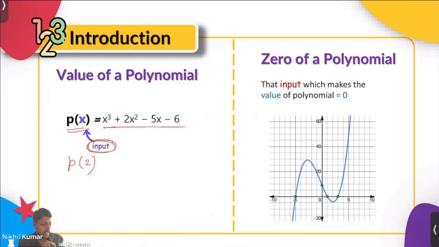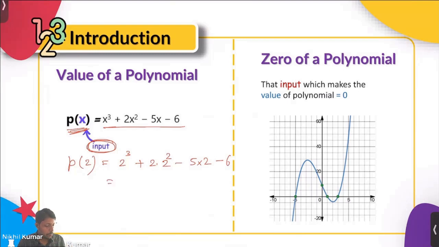Wherever you see x in the polynomial, you substitute 2 there. So this will become 2 cubed plus 2 into 2 square, minus 5 into 2 minus 6. You calculate this value, whatever number you get would be your answer. This means we have found the value of the polynomial p of x when x is equal to 2.